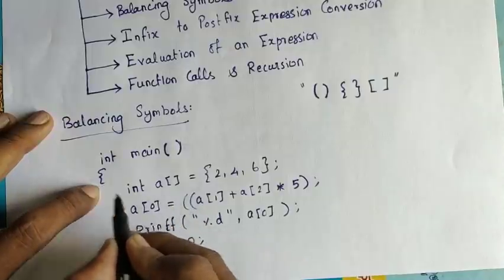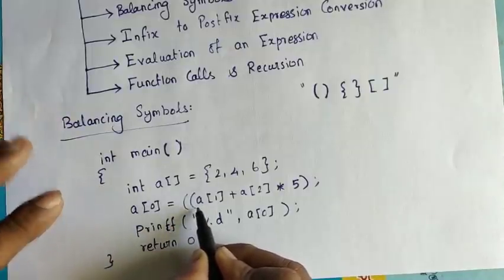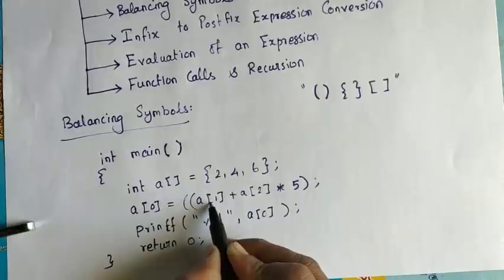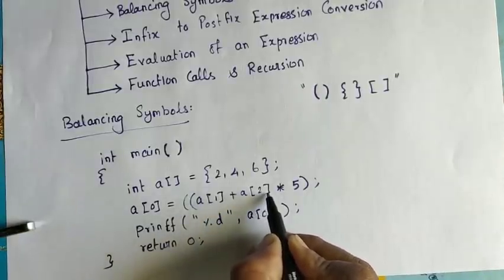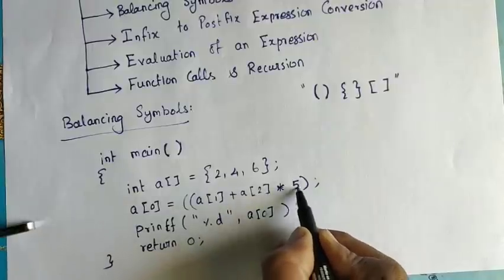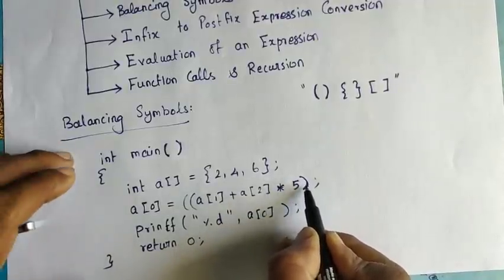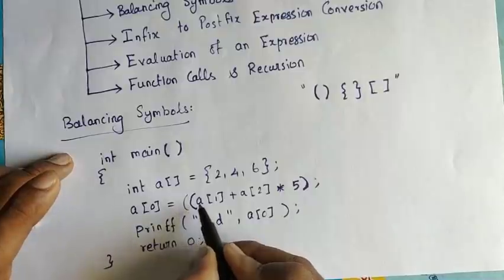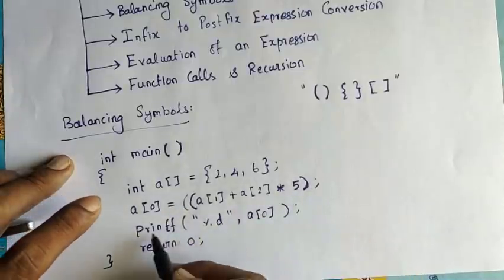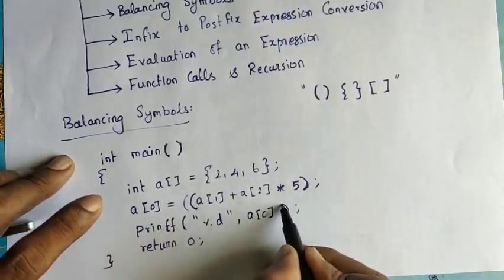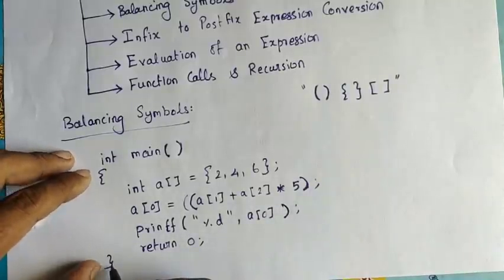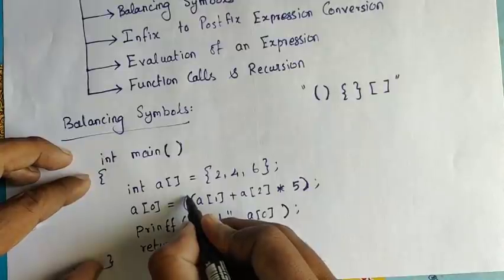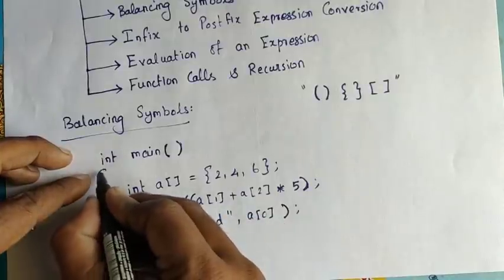Next, two open brackets are there, so totally these three open brackets are pending so far. The fourth one is completed here, and then the fifth one is completed here. These close brackets correspond to this bracket, and then this bracket corresponds to this bracket, and then this bracket.